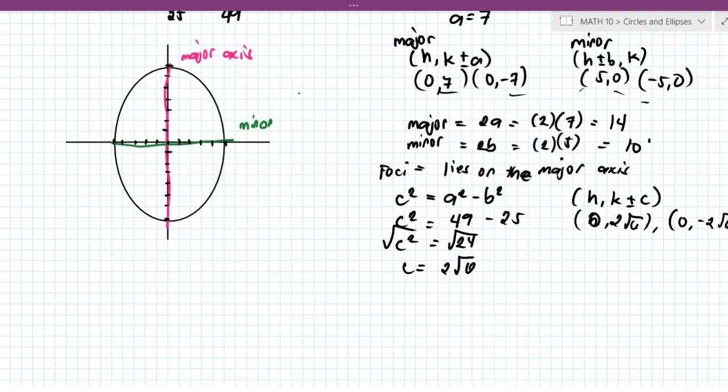Since 2 square root of 6 is approximately 4.89 or 4.90, so 1, 2, 3, 4 around this part, and 1, 2, 3, 4 around this part.